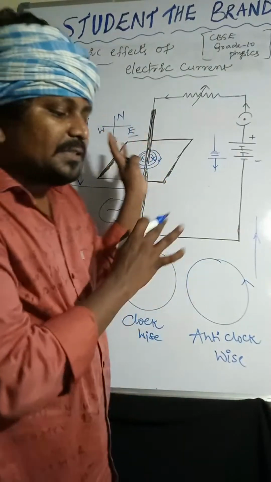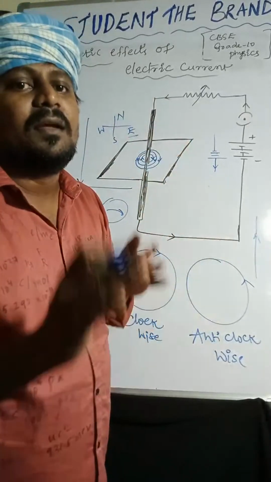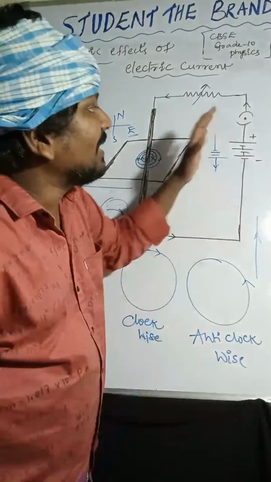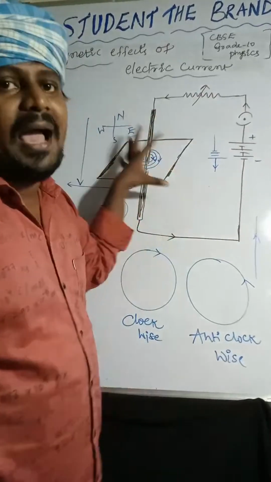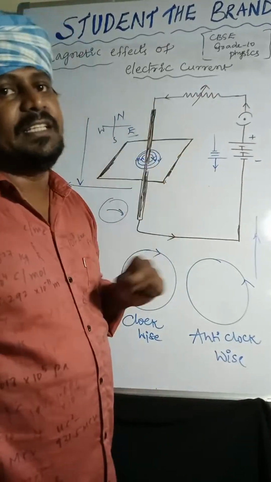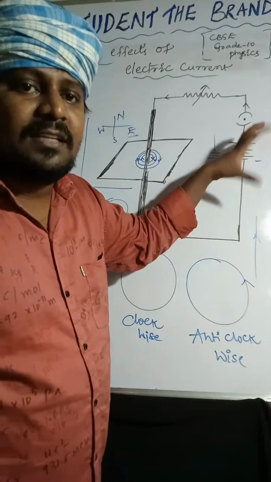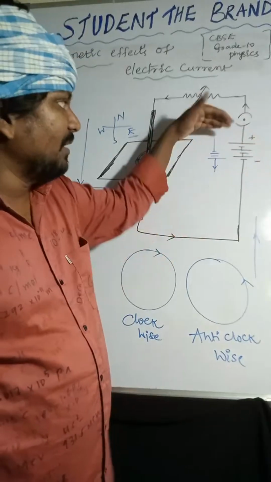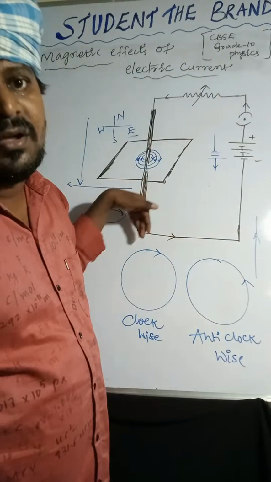By this we can conclude one thing: if you change the current direction, the magnetic field direction also changes. If you change the current direction by changing the battery, so here initially the current is moving upward, now you are taking the current moving downward.